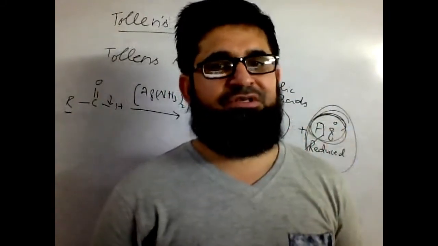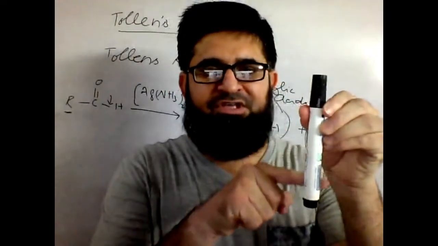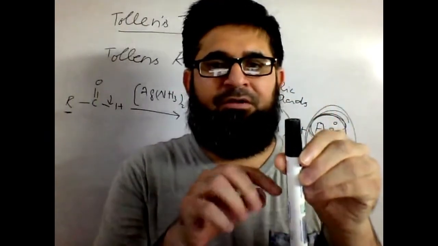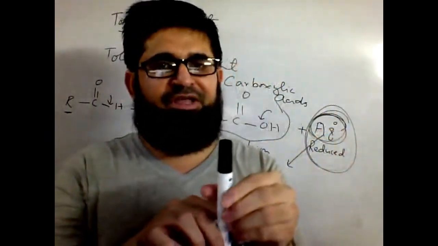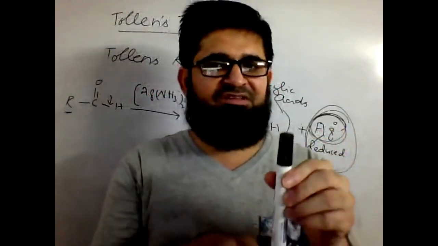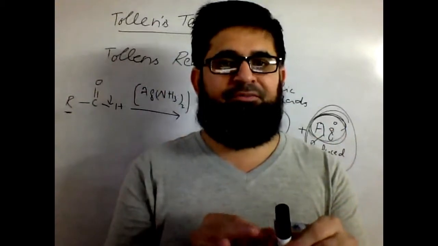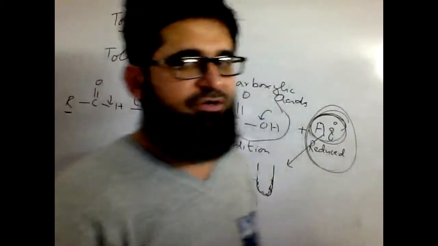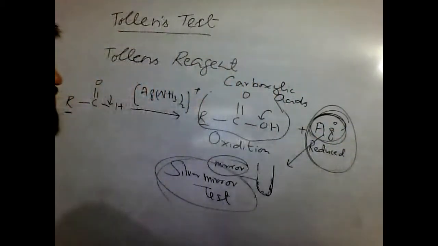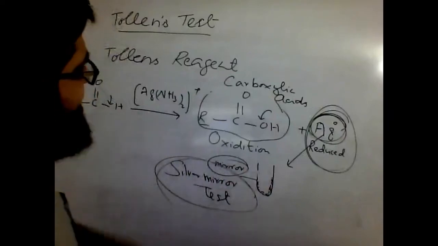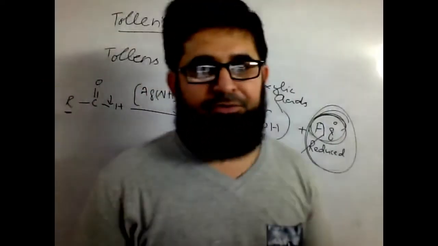So once you see the deposition of the silver around the walls of the test tube, it can be presumed that you may come up with the result that the given compound is an aldehyde and not a ketone. Okay, so this is how the Tollen's test lets you come to the conclusion that the given compound is an aldehyde.